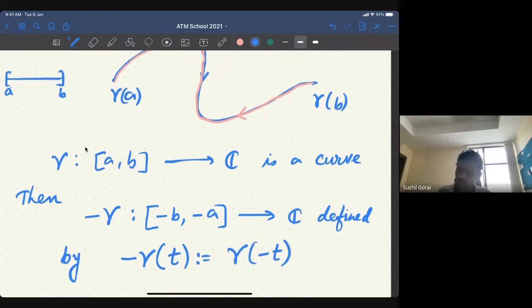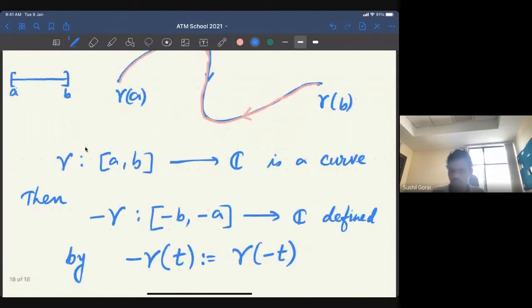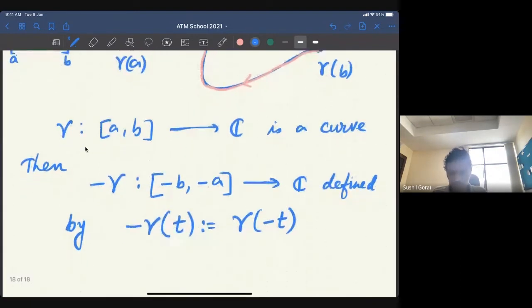All right, so this starts from gamma(b) and reaches gamma(a).